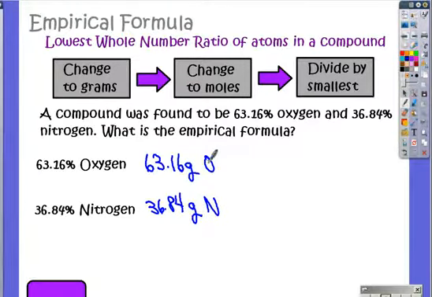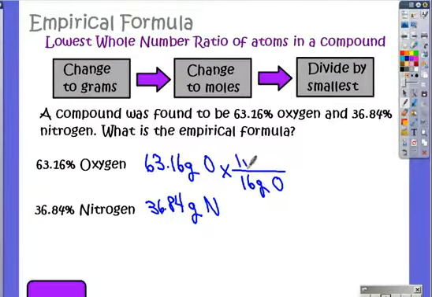Next step, let's change it to moles. This is what we've been doing in the other videos. So I have 63.16 grams of oxygen. I'm going to set this up with my dimensional analysis. I'm going to put 16 grams of oxygen on the bottom, again canceling out my grams. The 16 comes from the periodic table.